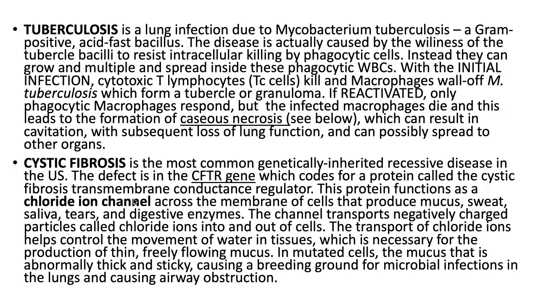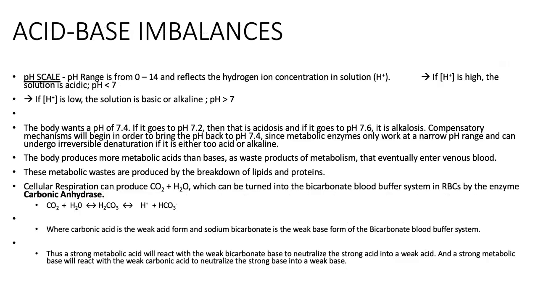It becomes too little water, and so the mucus becomes extremely thick and sticky and becomes a breeding ground for bacteria. So bacterial pneumonia is very common and consistent, and we have no cure for it yet. And knock on wood, gene replacement therapy would be the cure. That's not going to be on the exam. But that's cystic fibrosis. Now, acid-base.